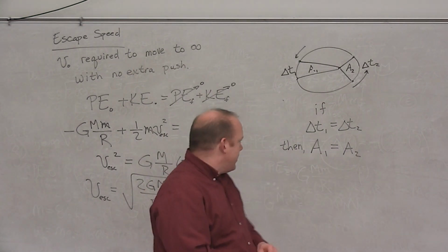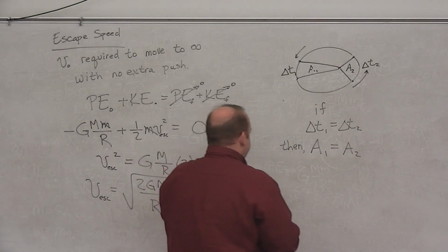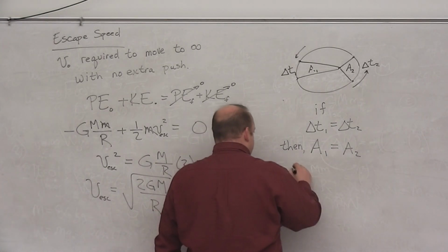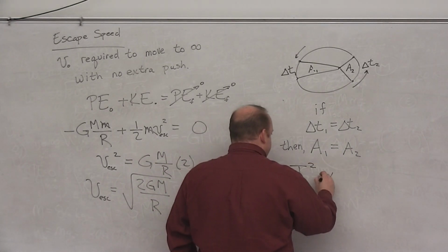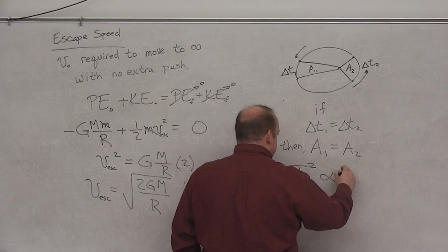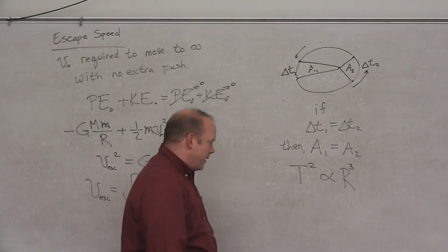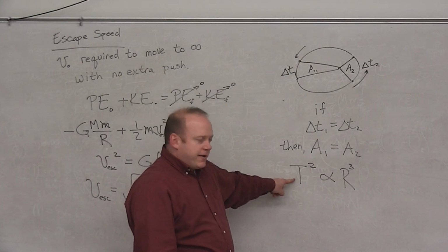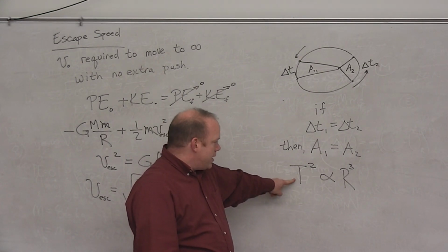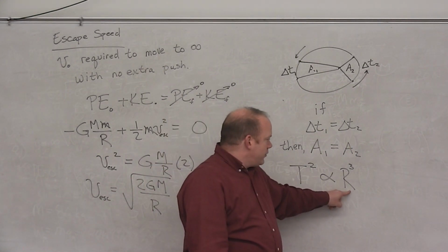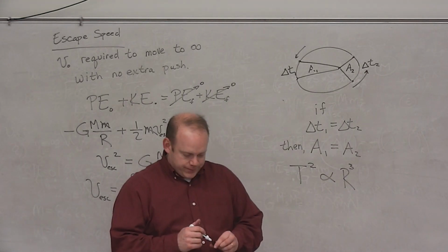The third thing that he noticed was that for any object in orbit around some other object, the period of its orbit squared is proportional to its radius cubed.